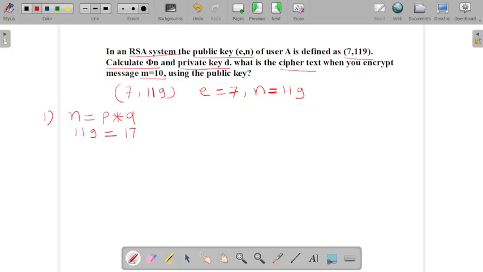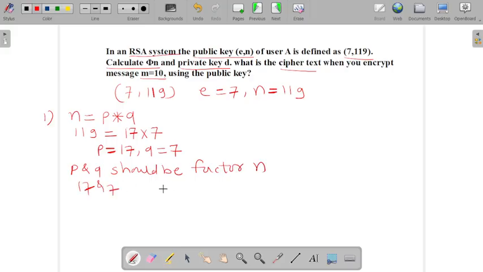So I am taking the larger number first and then writing 7 here. So the value of our P is equal to 17 and the value of our Q is equal to 7. And there is one rule, that is P and Q should be factors of your n. So 17 and 7 are factors of 119.